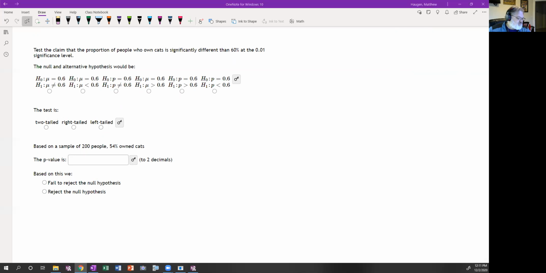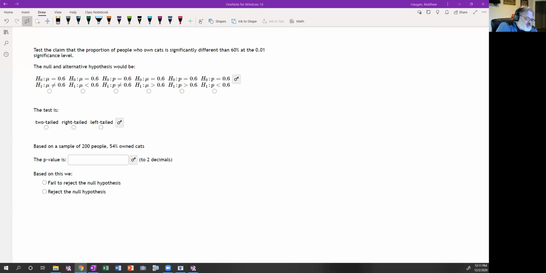Oh, this is a mean problem right in front of us. So that's good, actually. Okay, we want to test the claim that the proportion of people who own cats, oh no, it is a proportion problem, is 60% at the 0.01 significance level. First, they want us to put this in our notation for null and alternative hypothesis.